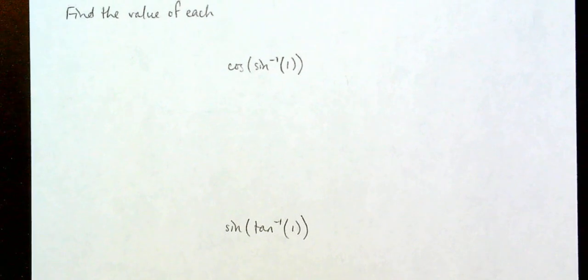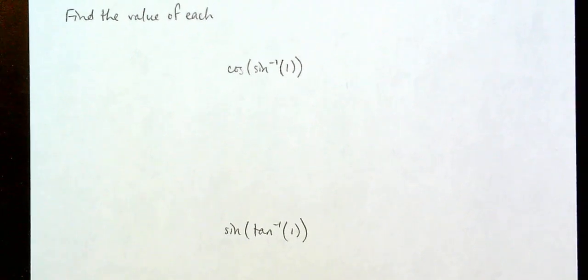We're going to get a little bit more complicated here. So we're going to find, to kick off, the cosine of the inverse sine of positive 1 here. You might be thinking, okay, what the heck am I supposed to do?